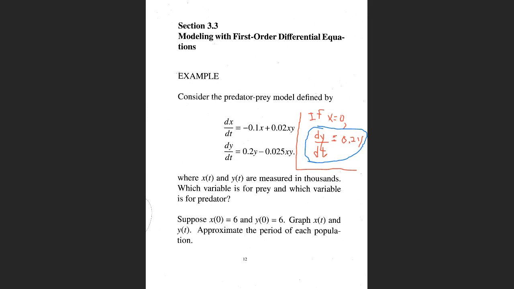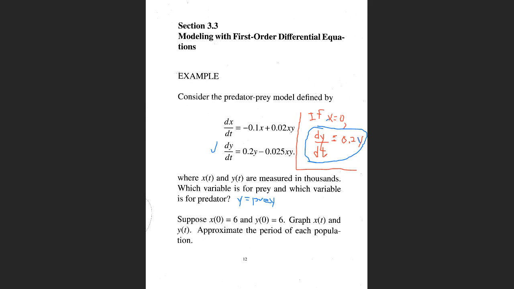If x equals 0, the second differential equation would be dy/dt equals 0.2y. And so in the absence of predators, we know prey are going to grow exponentially. So this then tells us that y is the prey, and x is the predator.